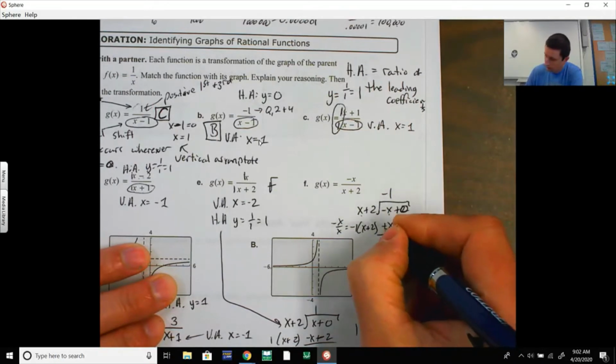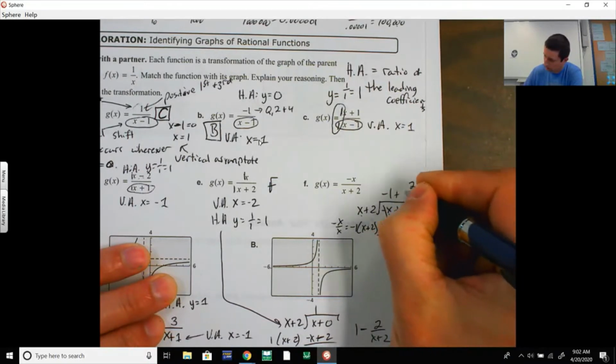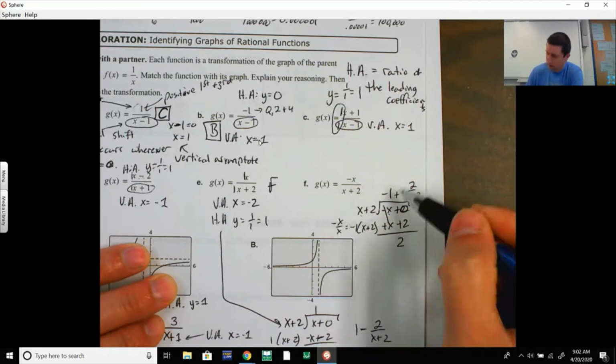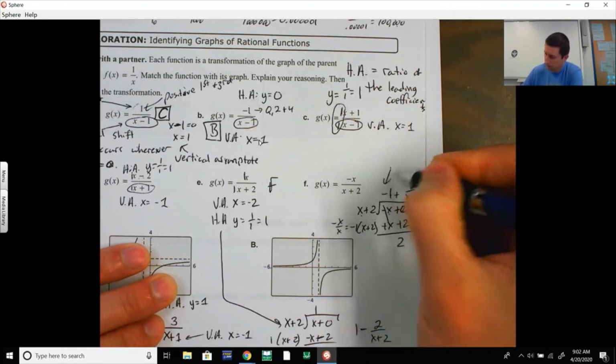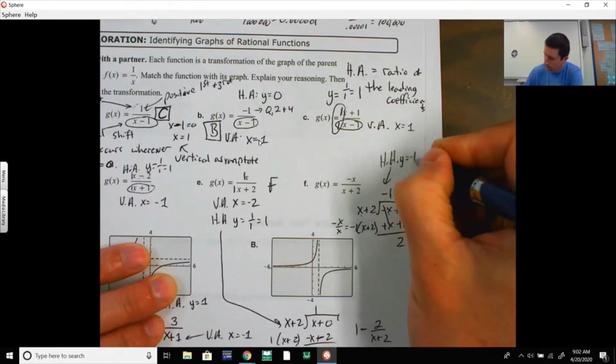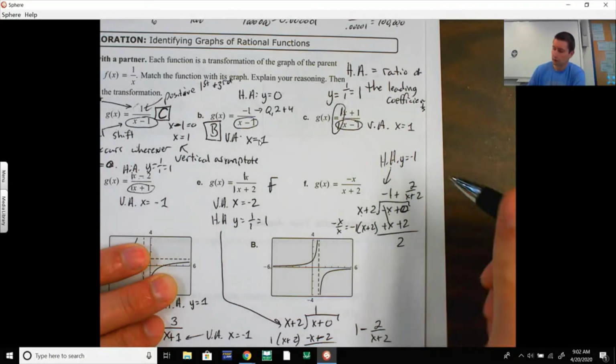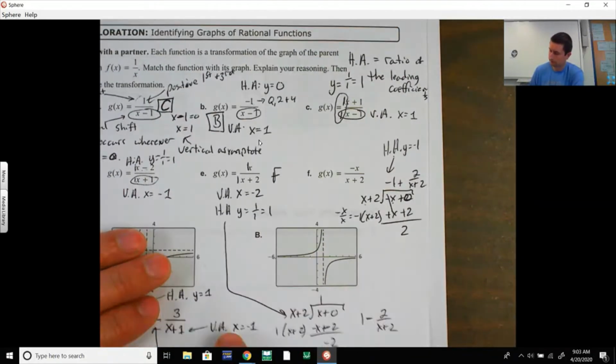Change your signs. First one should cancel off, and you get 2. So it's -1 plus 2 over x plus 2. So the -1 is your horizontal asymptote, y equals -1, and then you have -2 as your vertical asymptote, and your quadrant should be in the first and third.